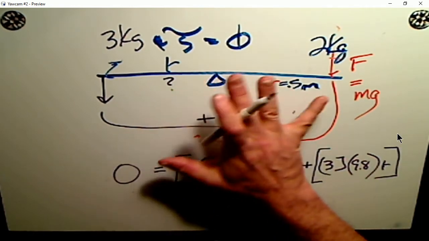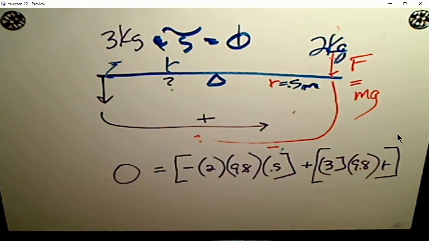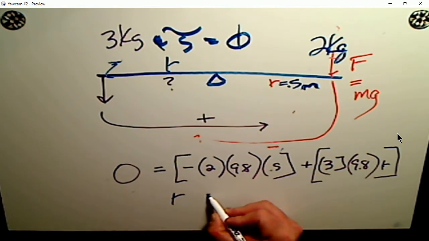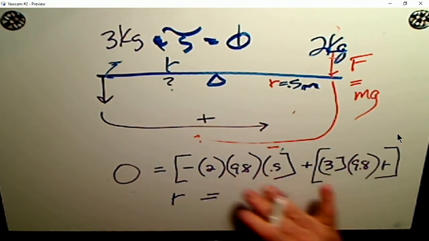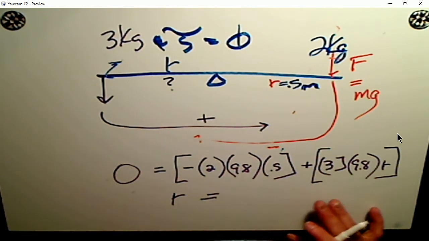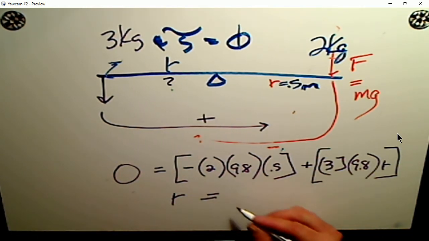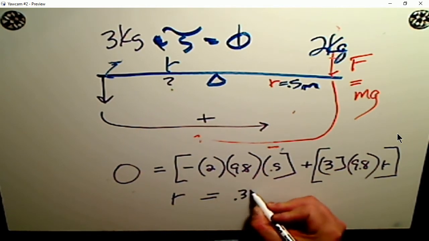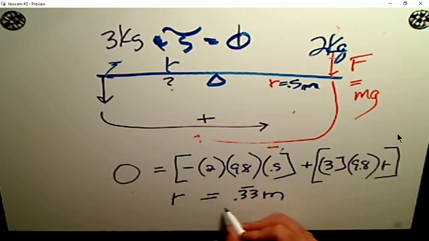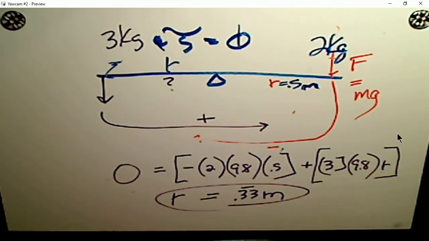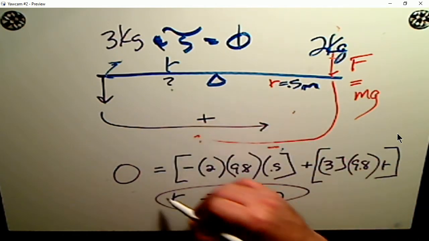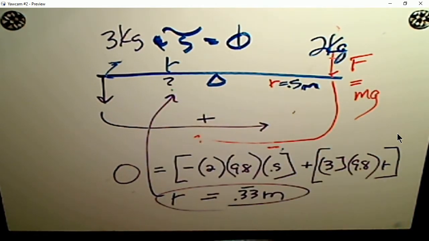But if we want this to balance, it all has to equal 0. So we solve for r. If we do this math, this is a negative, this is a positive. If you want, you could put that on that side. Do the math. You get something like 0.33 repeating meters. So that is where that has to sit.